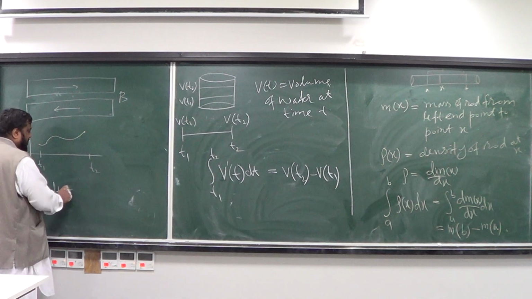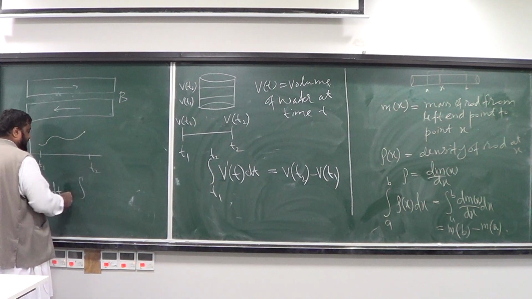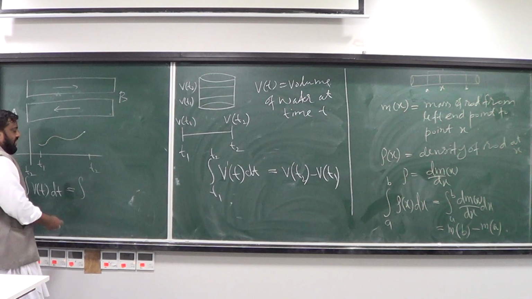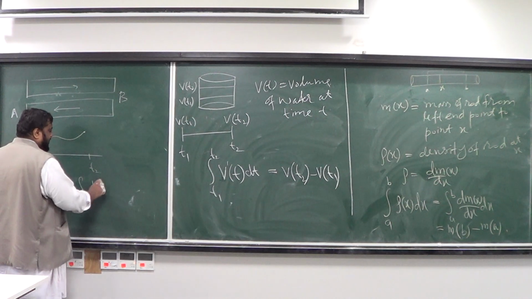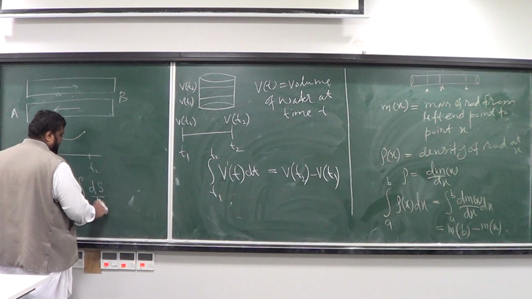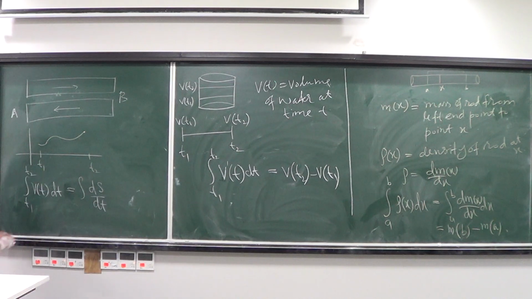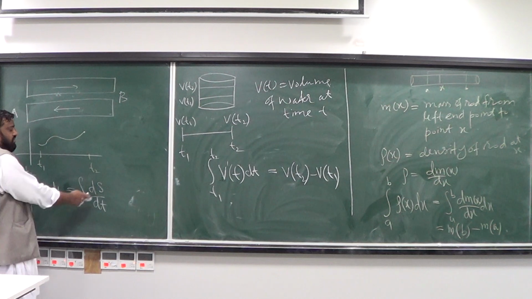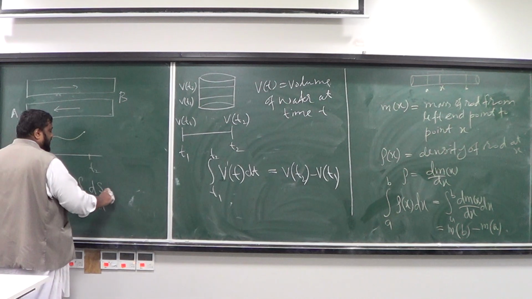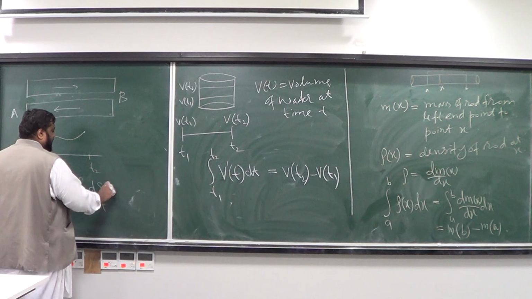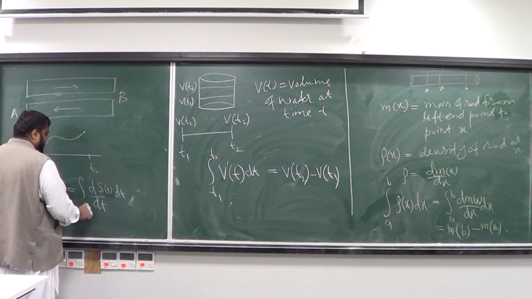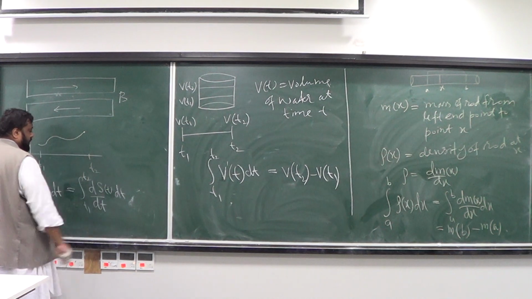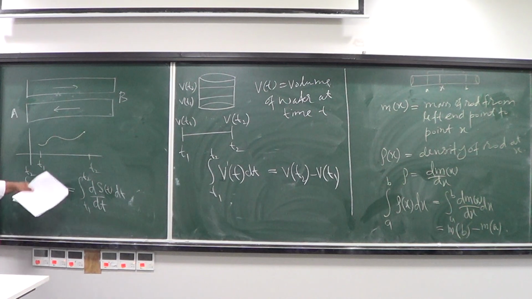I know that velocity is the change in displacement. So when you want to sum up all velocity from instant t1 to t2, you have to sum up all changes in displacement from the time t1 to t2. And what would this be?